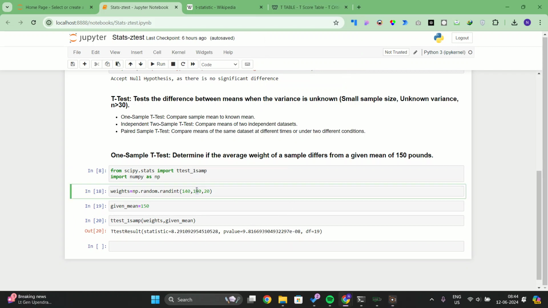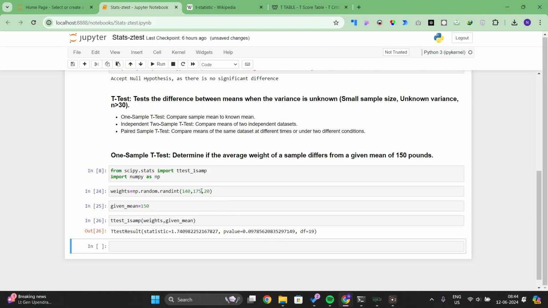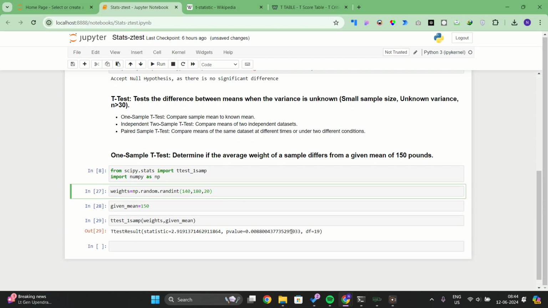Let's try to change it here. Yeah, I think this is much better, but let's try to get it a bit closer to 0.05. Let's go with 180 in that case. I'm just trying to make it easier for us to understand.